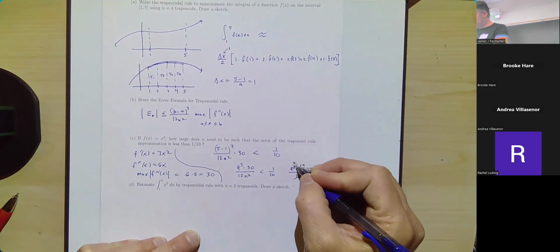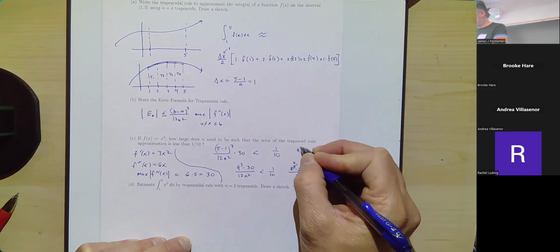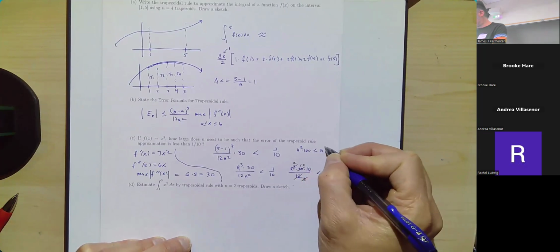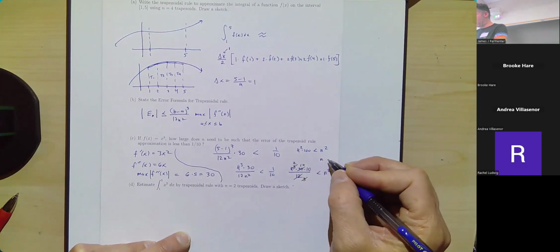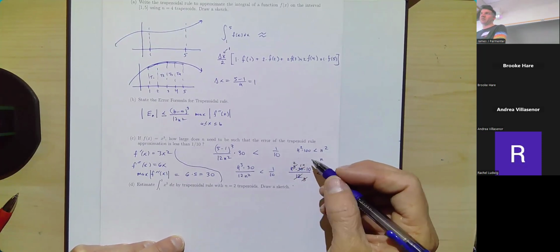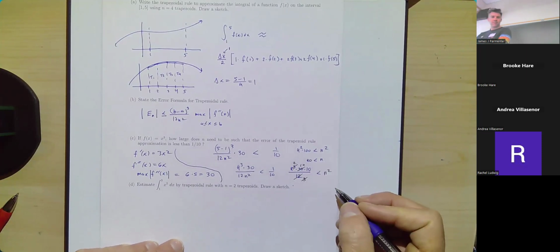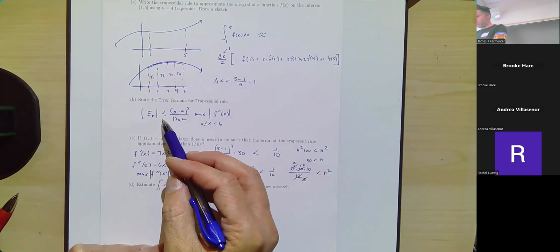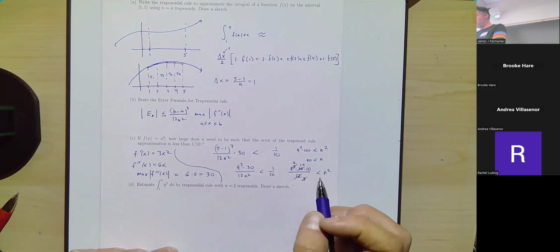So we have 4 squared times 10 is less than n squared. So we have that n is bigger than the square root of 16 times 100, which is going to be 40. Interesting. Yeah, and really, I suppose we should be using less than or equal to here.